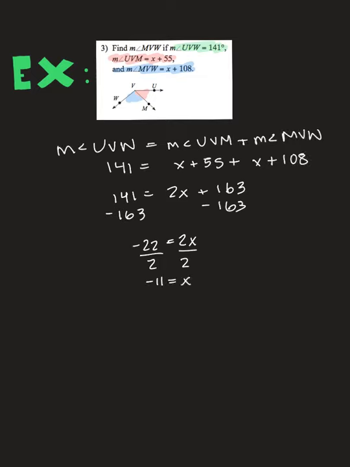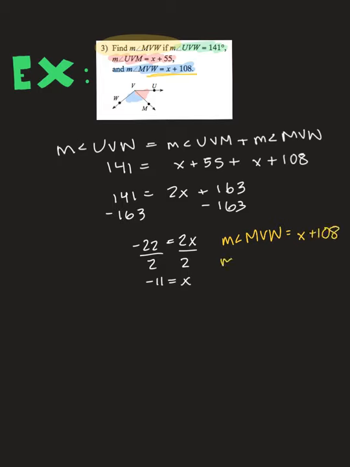Okay, then we go back to our problem. It says we're trying to find the measure of MVW. So let's write that out here on the side: measure of angle MVW, and that we can see is X plus 108.